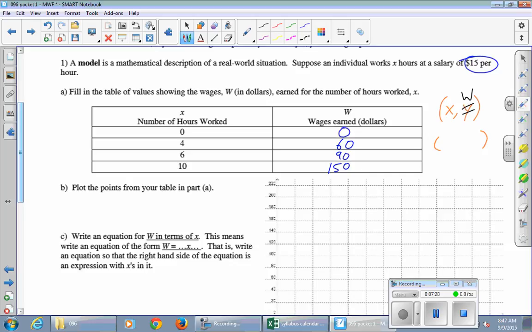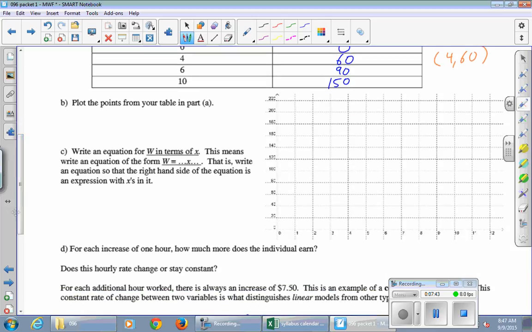Second row? 4, 60, right? So you've got 4 points right there. Go ahead and plot the 4 points on your graph. Yeah, and if it makes a line, then we should connect the dots, and we'll talk about why it makes a line.